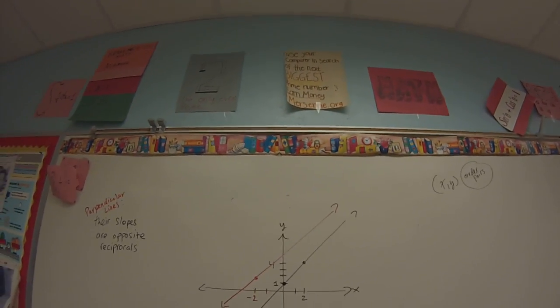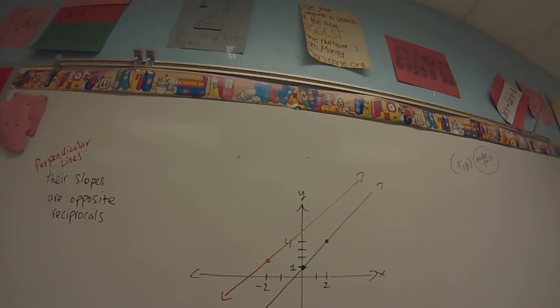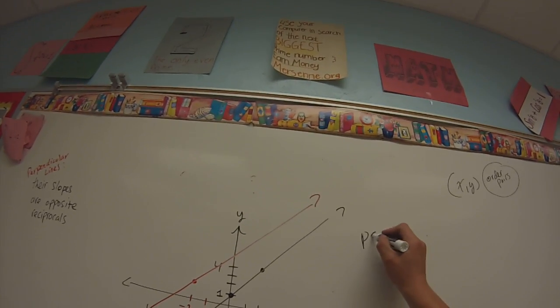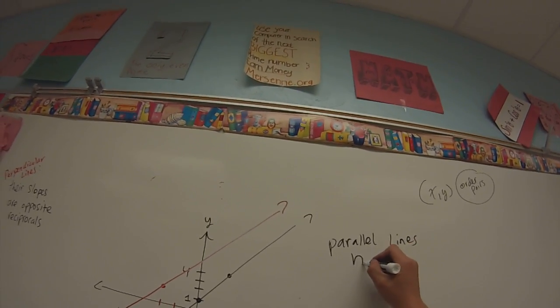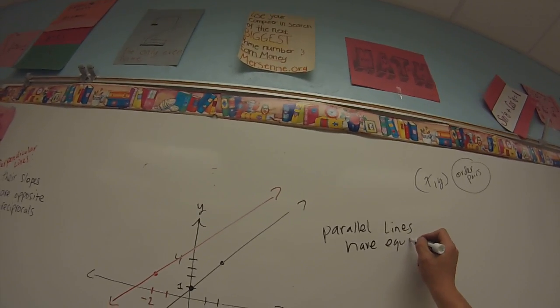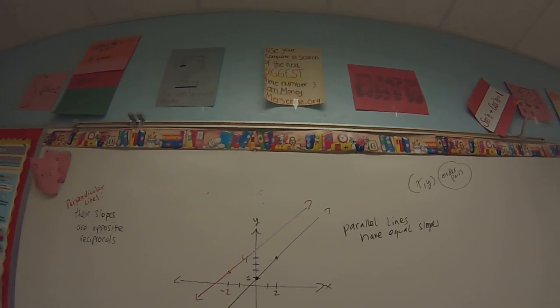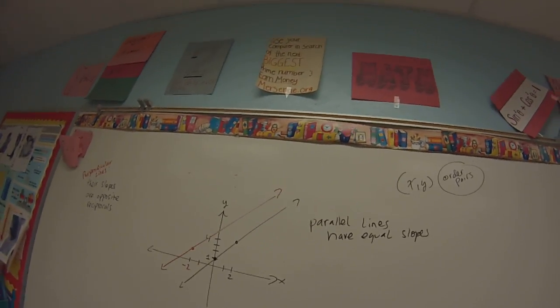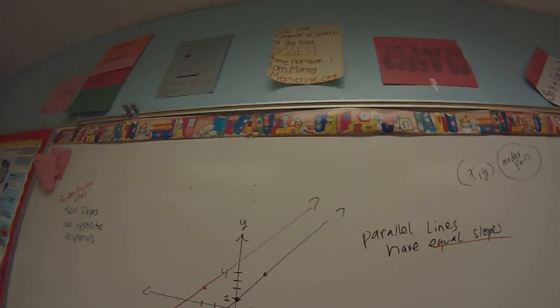So my goal is to find the equation of the red line. Okay, again, in this case, they're parallel lines. Parallel lines have equal slopes. That's the connection. That means if I find the slope of the black line, that means I found the slope of the red line because they have equal slopes.